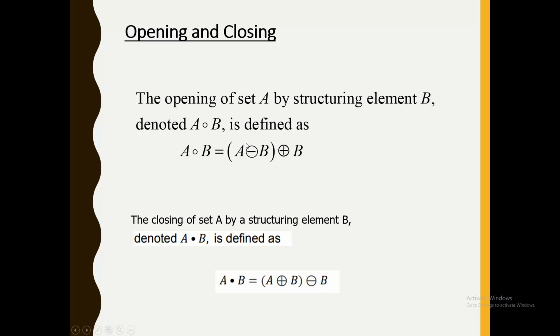So now A is an image, the set A is eroded by structuring element B, and after that it has been dilated by the same structuring element B. Then it is called the opening operation and it is denoted by A opening B. In the closing operation, this dot has been completely filled, in which first we have to dilate and then erode with the same structuring element.